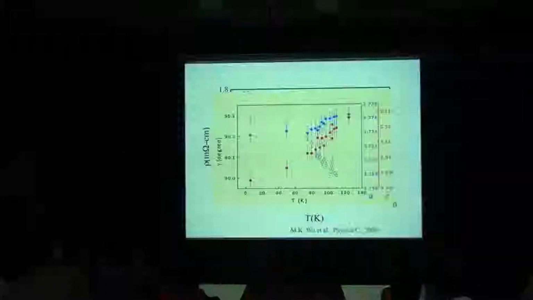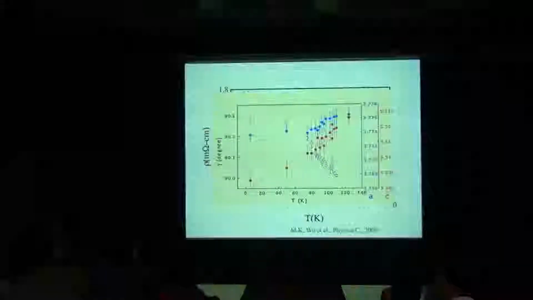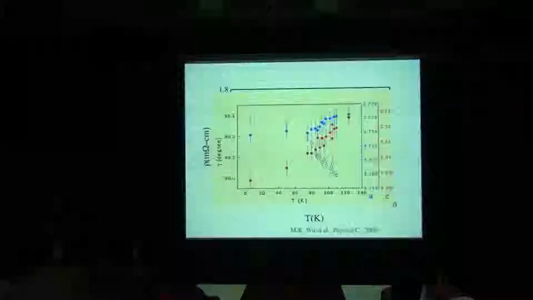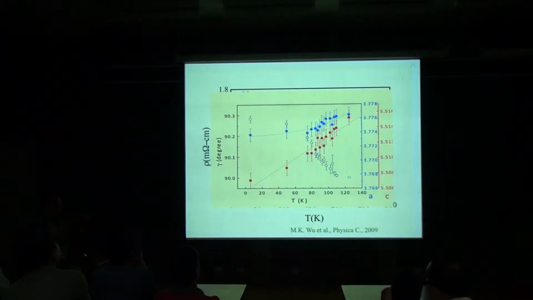Usually they are all 90 degrees at high temperature. But around that temperature, you can see the gamma angle starts to grow, and then saturates at a certain value at lower temperature. That indicates a structural distortion coming, from tetragonal to slightly distorted orthorhombic.